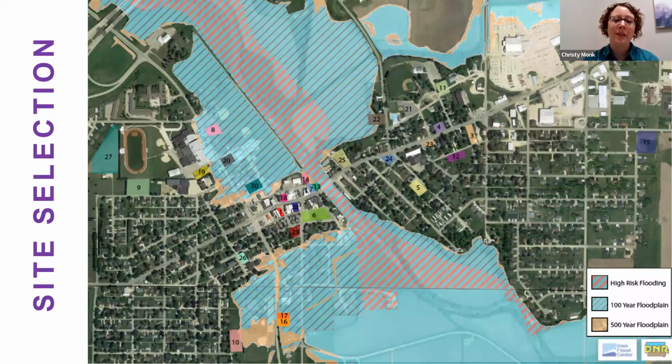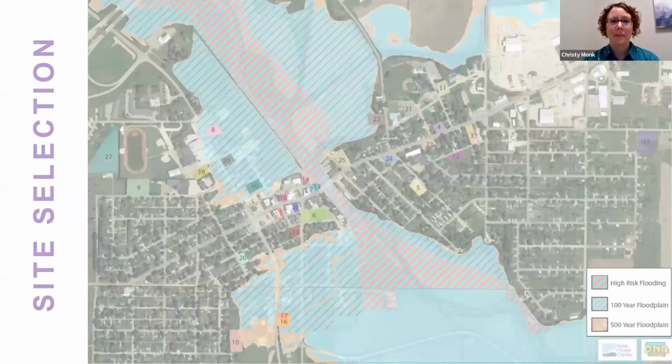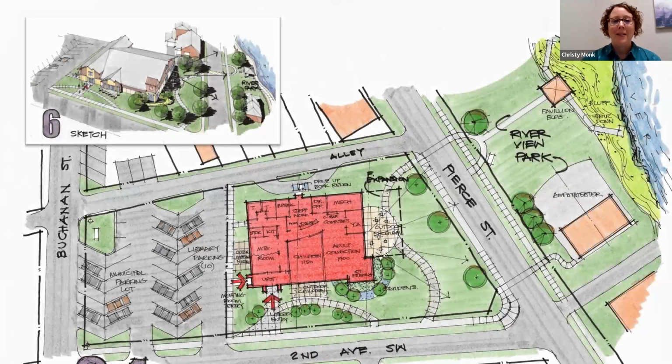Based on the criteria that the group had set, site 6 was selected, and that was a public driven process that came up with a bunch of different designs. And here you go. These are the options that were generated as part of the public driven process. We've got a complete site plan. We know the size of our building. We know that it will be a new building, and we've got our outdoor areas highlighted.